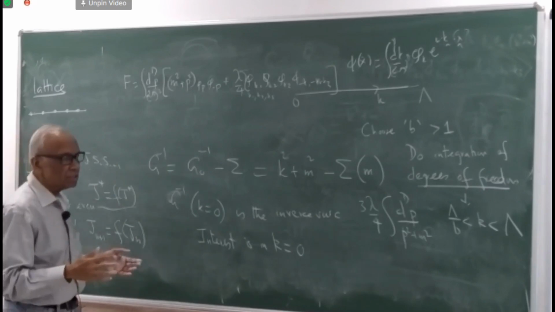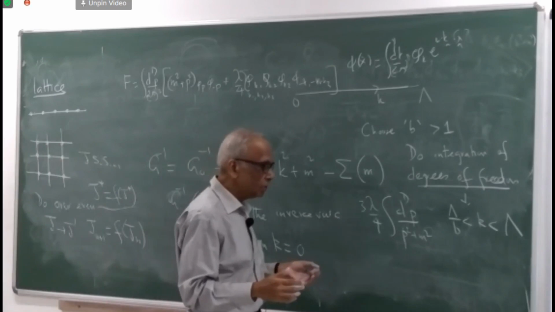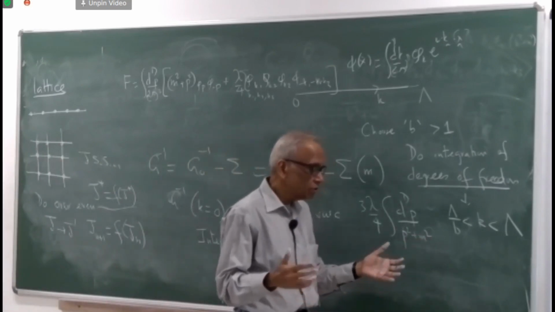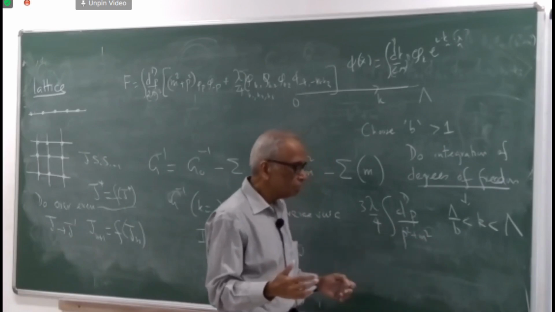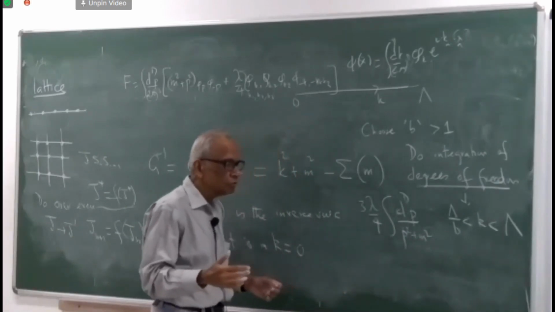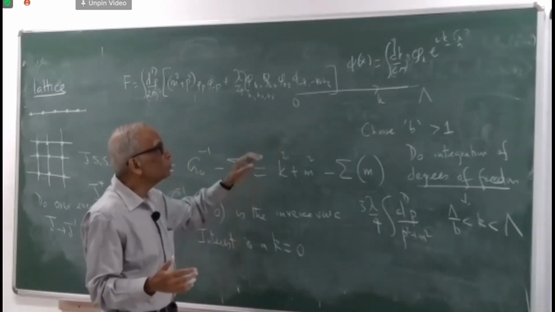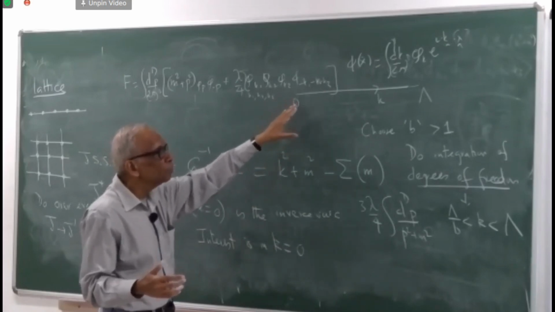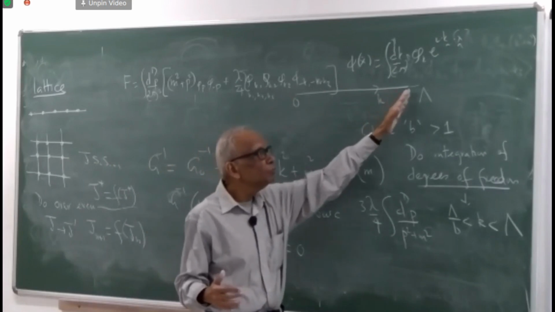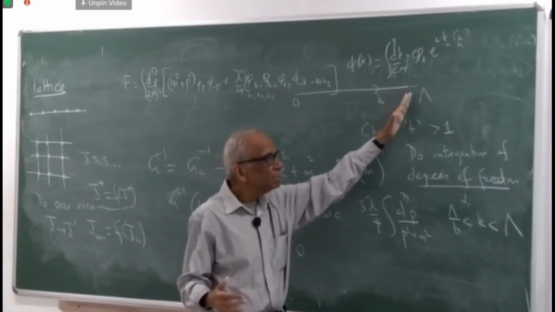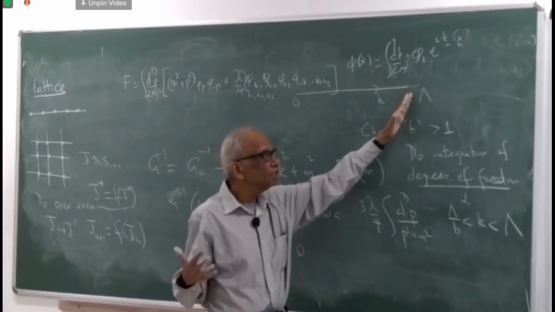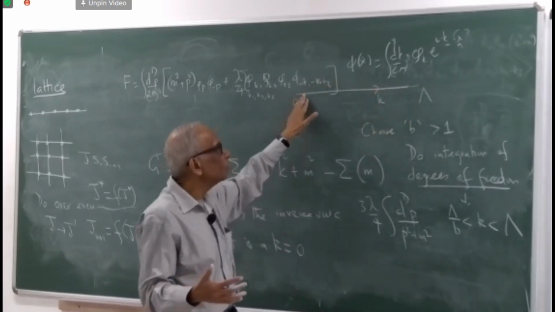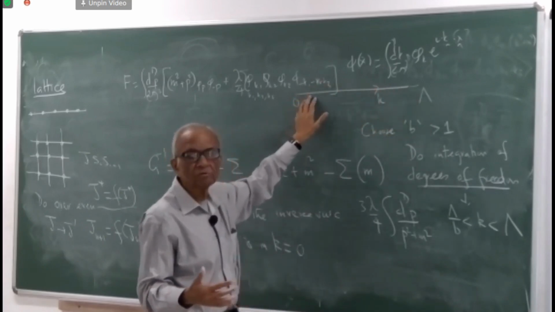This integral has to probe m equal to 0, which is the low momentum part, which is of importance over here. And this low momentum part we will probe by removing the high k part of the action and seeing what effect it has on the parameters of the problem.